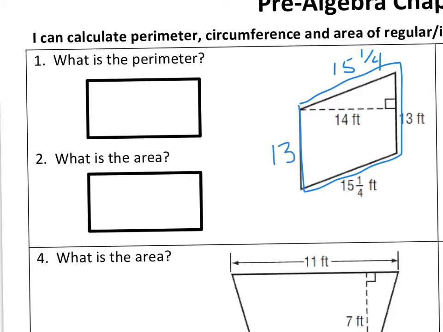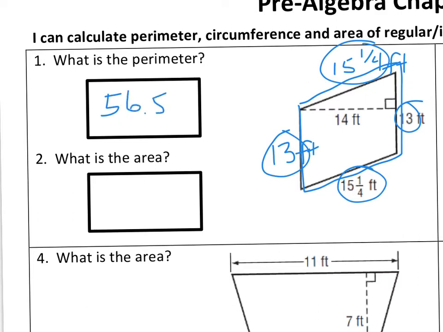Same over here. So that's 13 feet. And all I'm going to do is add up all 4 of these sides. So when I add up all 4 of those sides, I get 56.5, and it's a linear distance. Therefore, we just put feet on it. There's no 2 or 3 that go with it.